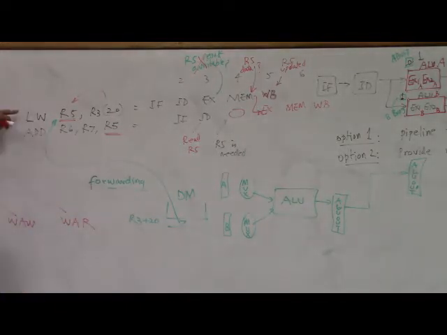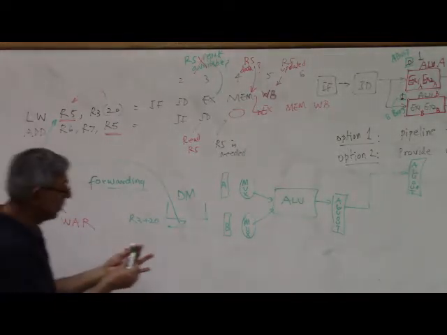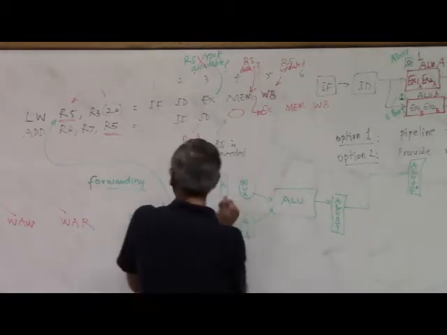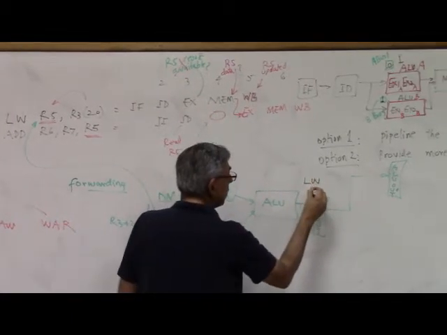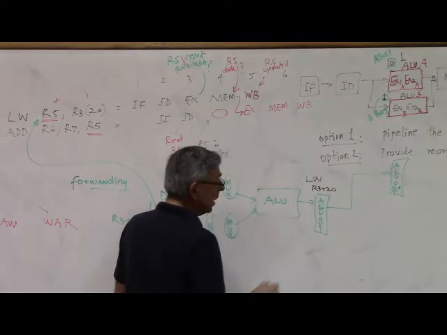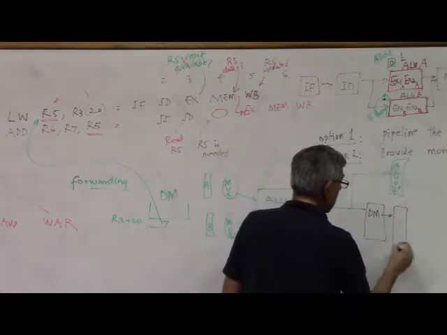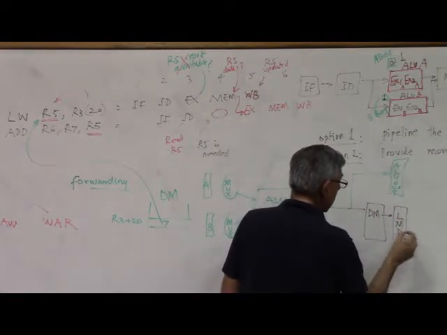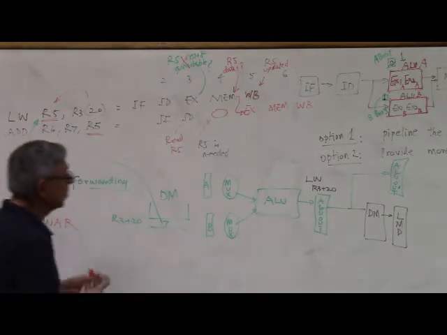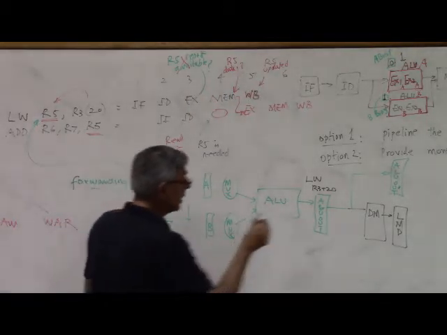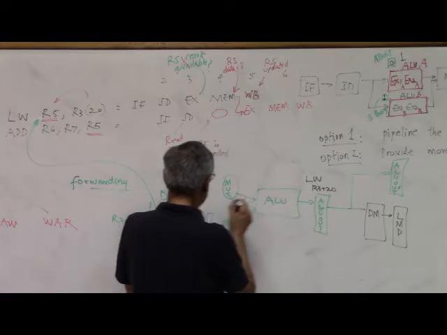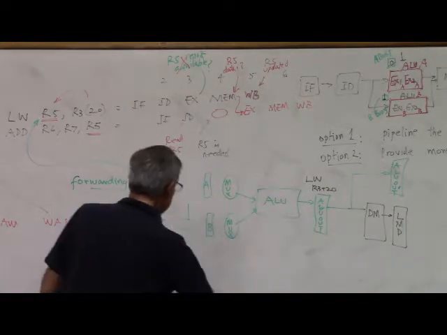So if you take a look, when the load word goes over here, this will produce R3 plus 20, and then this will go into the data memory and produce LMD.